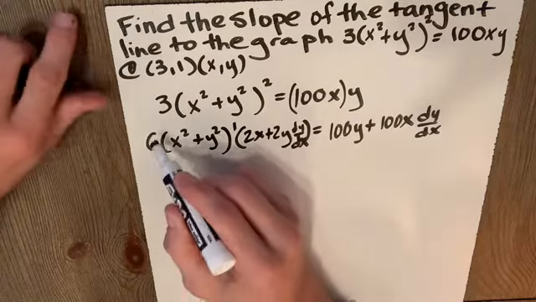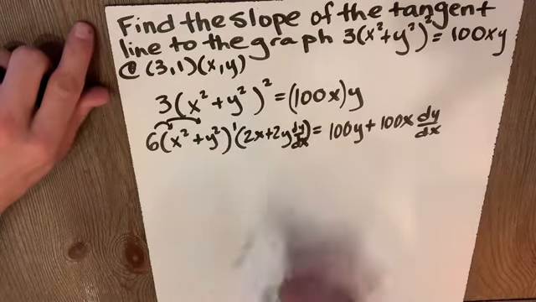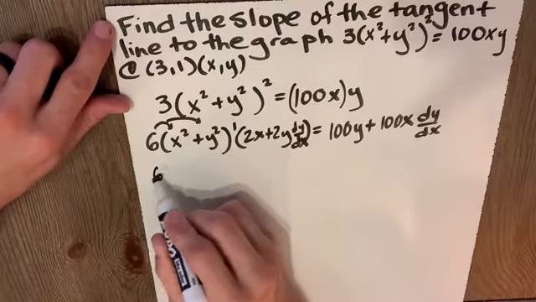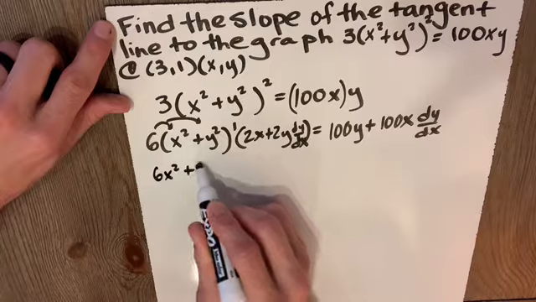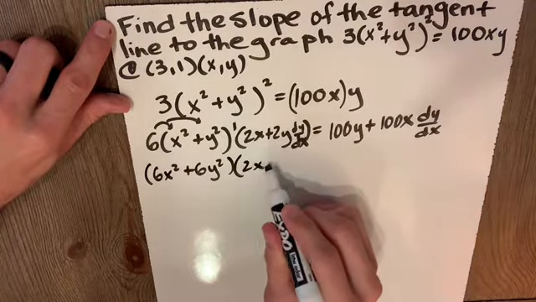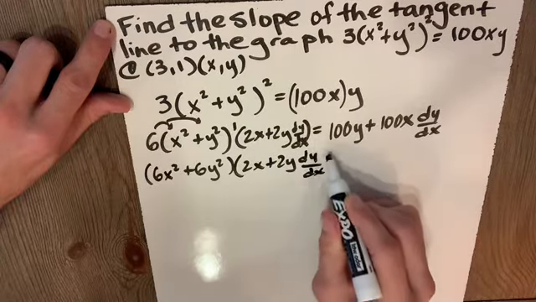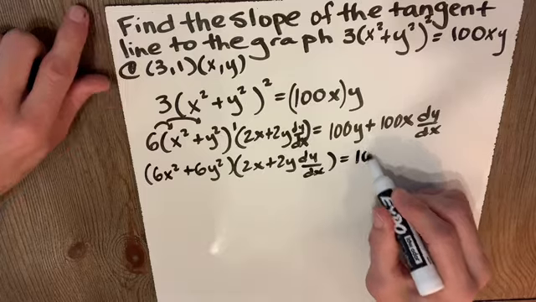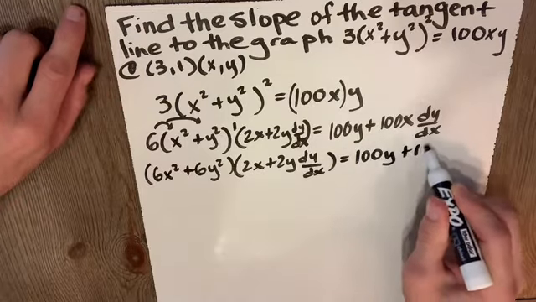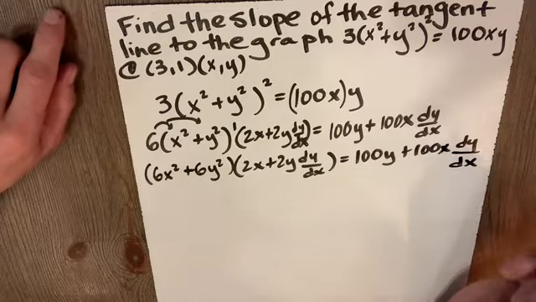First thing I'm going to do is distribute this 6 just to the first term. I don't distribute it to all terms. So I have 6x squared plus 6y squared times 2x plus 2y dy dx is equal to 100y plus 100x dy dx.